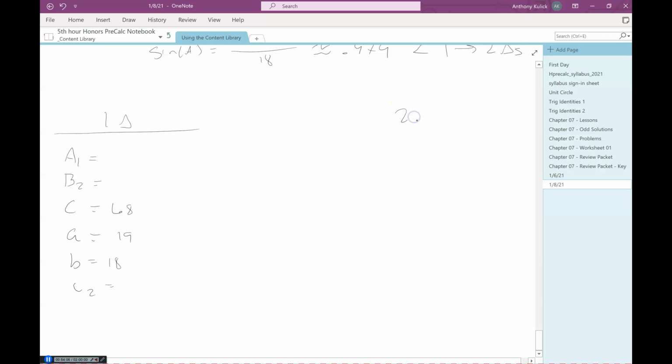So the way I like to set things up is I make a little list of what I need to find for each triangle and what I know about each triangle.